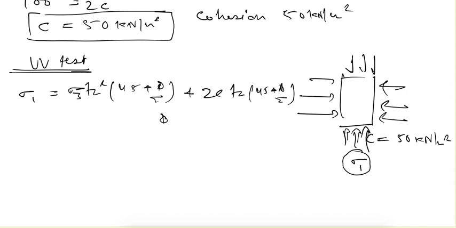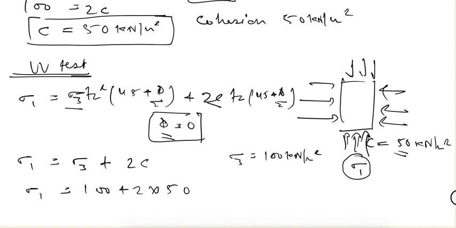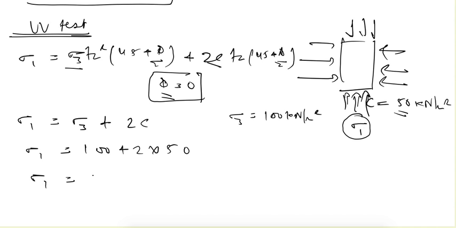Now here phi is equal to 0 because it is a clay and nothing has been given about phi, and sigma 3 is equal to 100 kilonewton per meter square, and C is equal to 50. So we know sigma 3, we know C, and this term will become 1 because phi is equal to 0. So sigma 1 is equal to sigma 3 plus 2C, which is 100 plus 2 into 50. So sigma 1 is equal to 200 kilonewton per meter square.